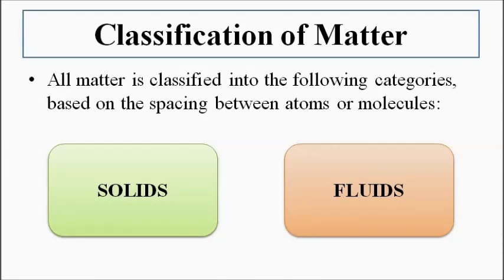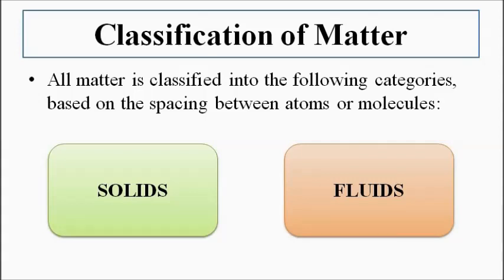Now this classification is based on the spacing between atoms or molecules. In solids, all the atoms or molecules are tightly packed with negligible space between them. That's why they're relatively immobile.